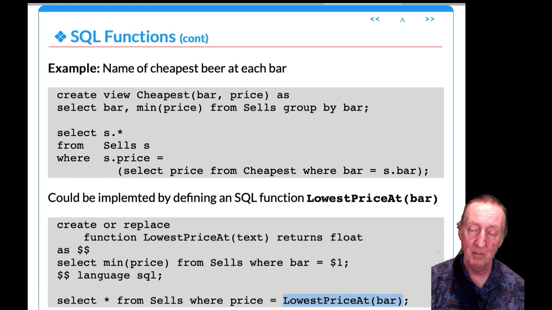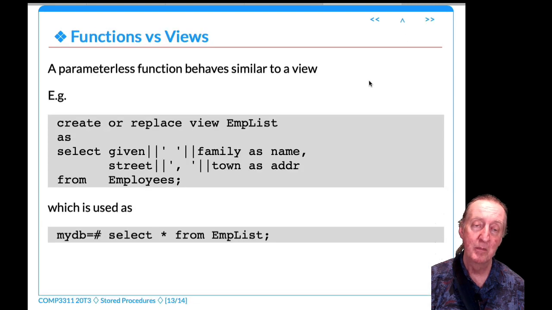So price and bar both come from the sells tuple. And what we eventually return are any tuples that satisfy this property here. So defining without a function, defining with a function, you can argue about which is simpler, but it was to demonstrate the point.